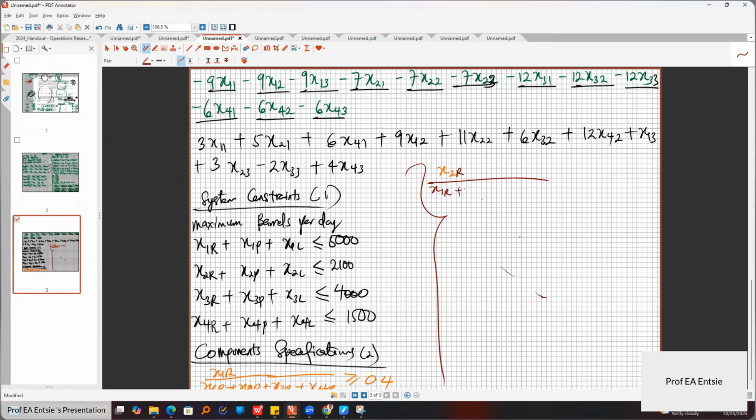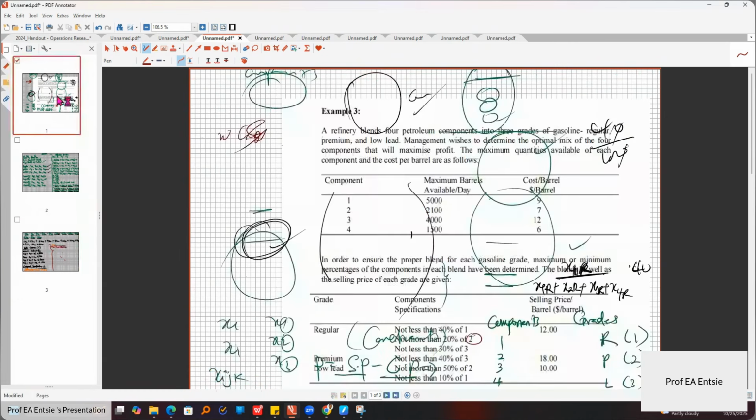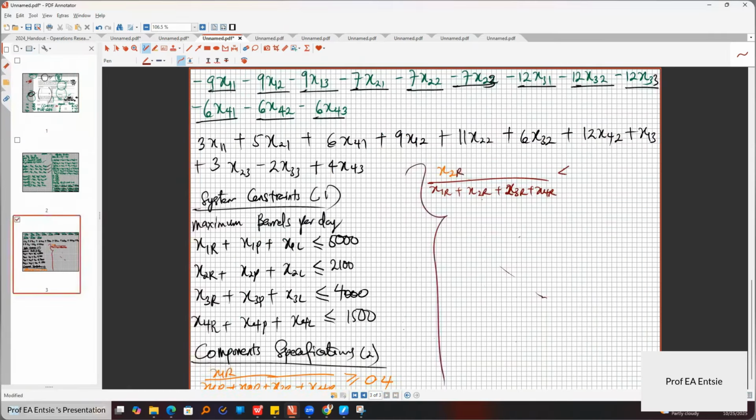S1R plus S2R plus S3R plus S4R. And what does this say? It should not be more than 20%. So it means it should be less than or equal to 0.2. Are we okay? Should be okay by now.